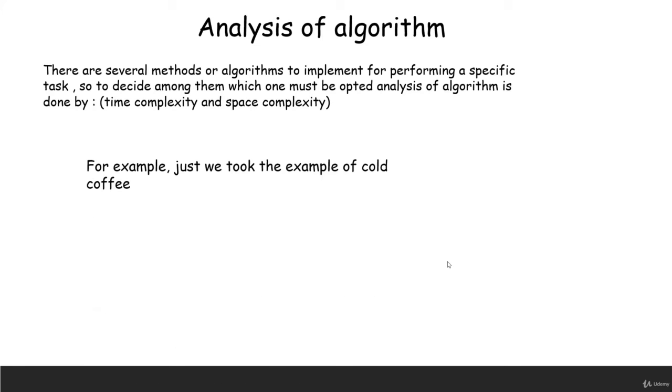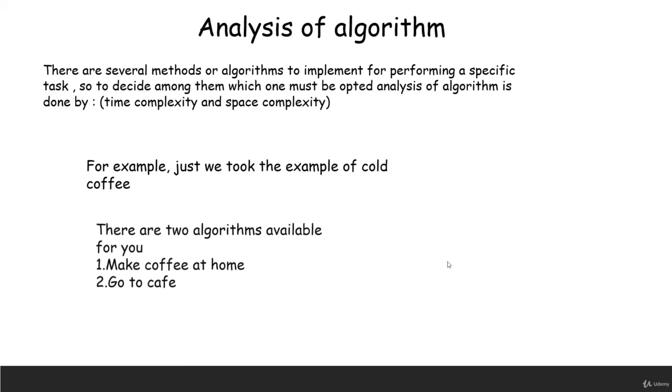For example, we just took the example of cold coffee, right? For making cold coffee, there were two algorithms available for you. Either you will make coffee at home, or you will go to a cafe and have the ready-made coffee. So how will you decide which algorithm must be opted? Here the time complexity concept comes. You will check which algorithm will take less time, right?